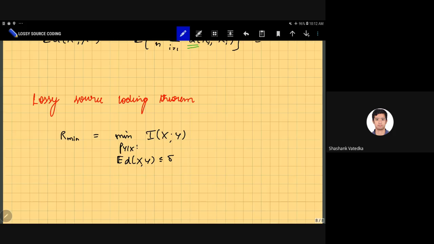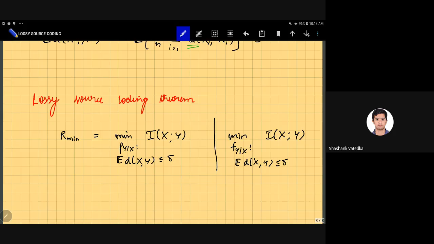All right. So we're given the input distribution p_X or f_X, and so this is for a discrete distribution. For a continuous random variable with a density, then it's the minimum over all f(y|x), such that the expected distortion between x and y is less than or equal to delta, of this mutual information, right?